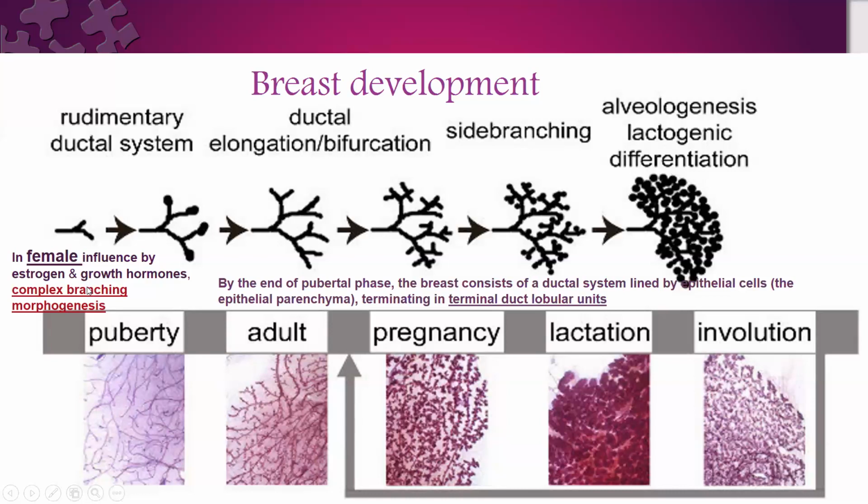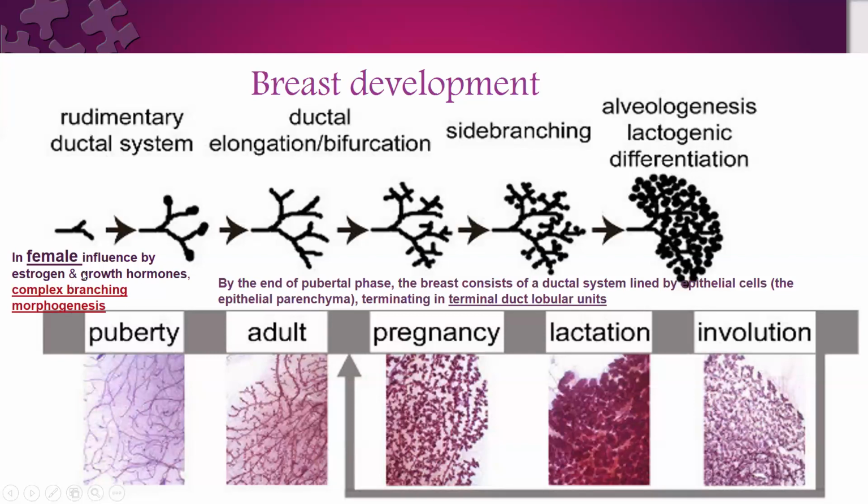But in girls, due to female hormones, estrogen mainly, and the growth hormone, that is why stunted girls or those with hormonal problems will also have their breast affected. Not only the estrogen; if they have a problem in their growth hormone, it will also affect the development of the breast.